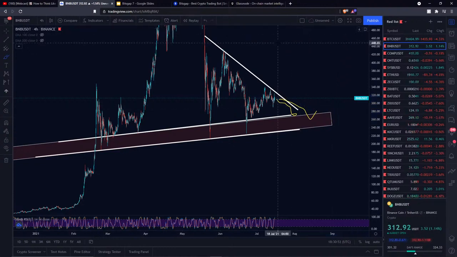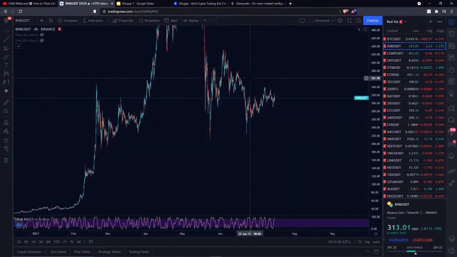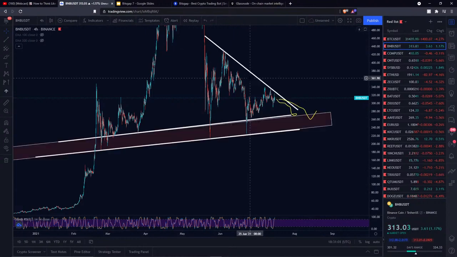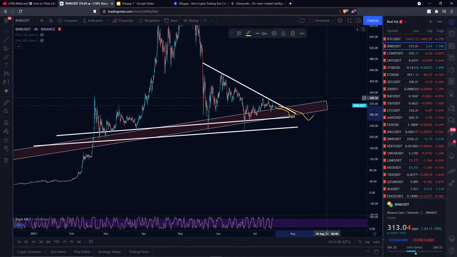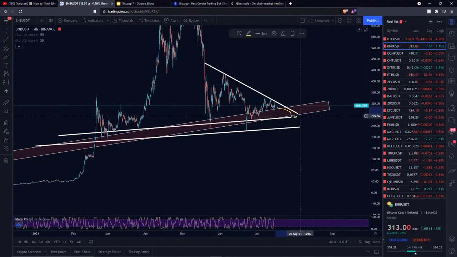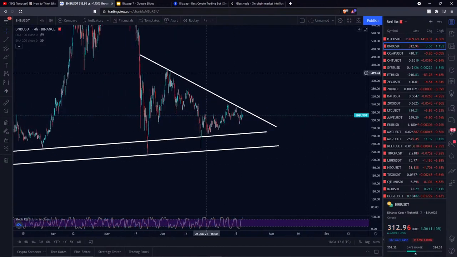In general, when you see the price approaching the support, that's the time for you to get into the action. As of now, I don't think it would be a wise idea to enter BNB, because it looks like it's about to revert from the resistance that is being formed here, right?